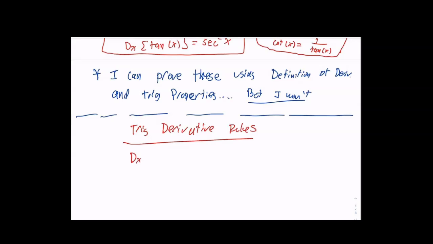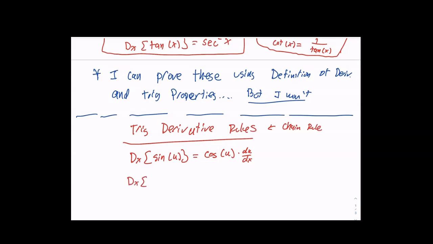The derivative of sine of u is equal to cosine of u times du dx. This is using the chain rule.